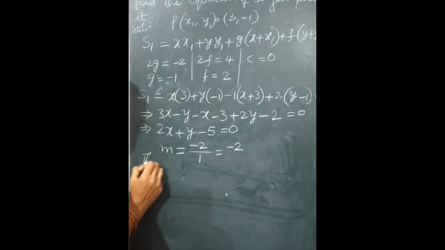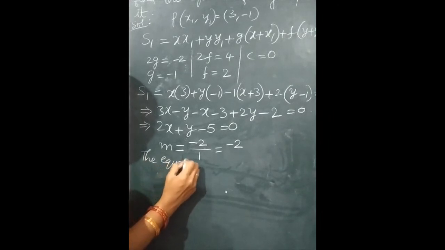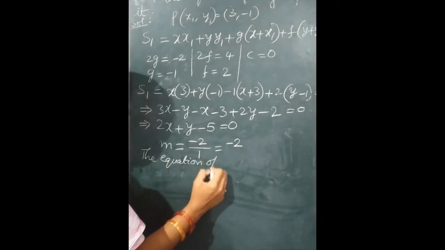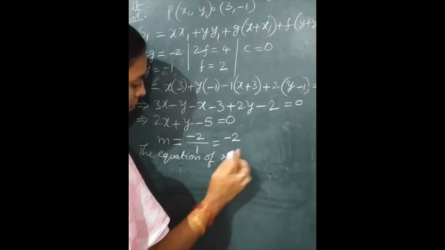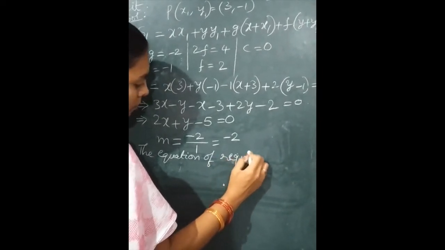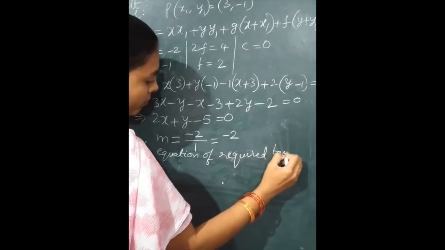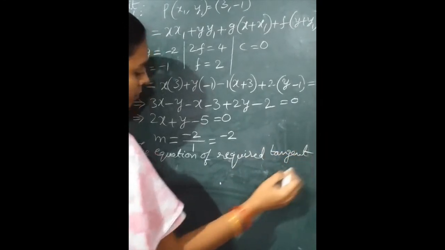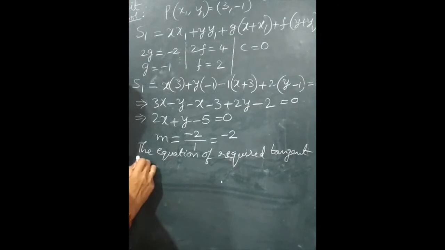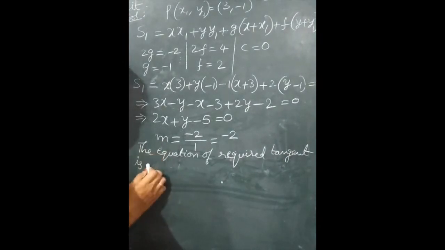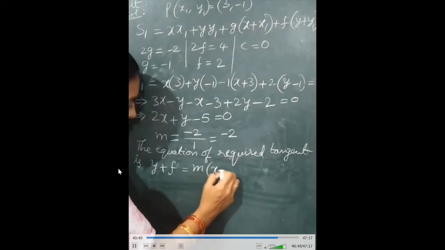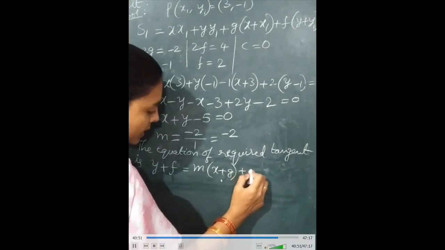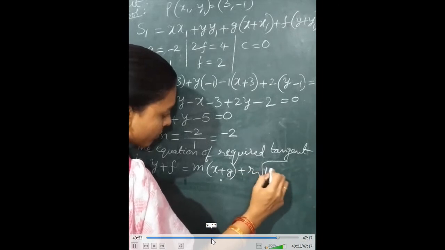So the equation of the required tangent, in slope form, is y plus f is equal to m into x plus g plus or minus r into root over 1 plus m square.